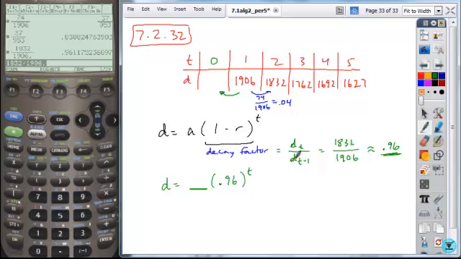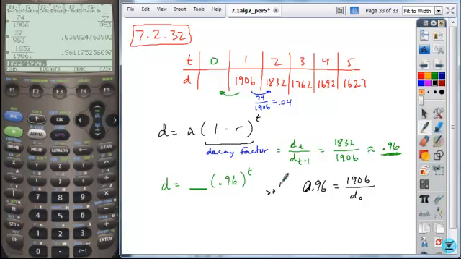Probably the easiest way is to use this equation right here and say the decay factor, which we know is 0.96, is equal to the d value at time t, so 1906, divided by the d value at the time one year prior, so d of 0. So we're finding what this quantity is.